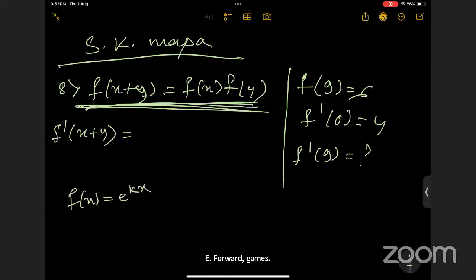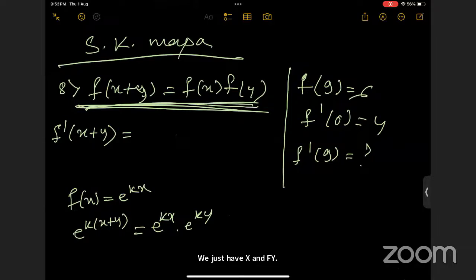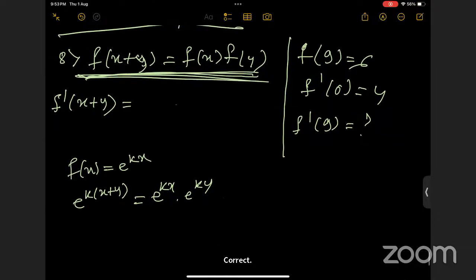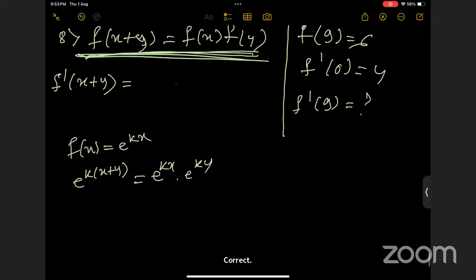Then whatever is the condition given, f of x plus y is equal to f of x times f of y, correct? This is the only condition where this will work.